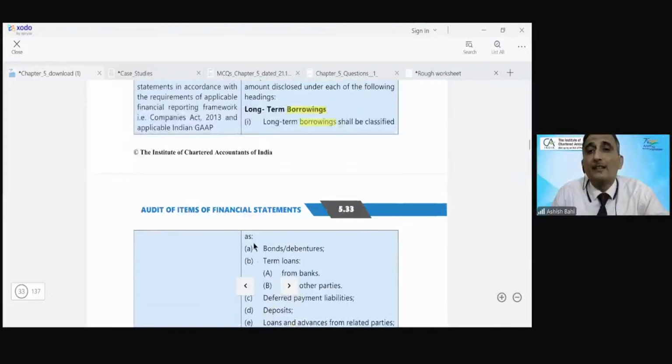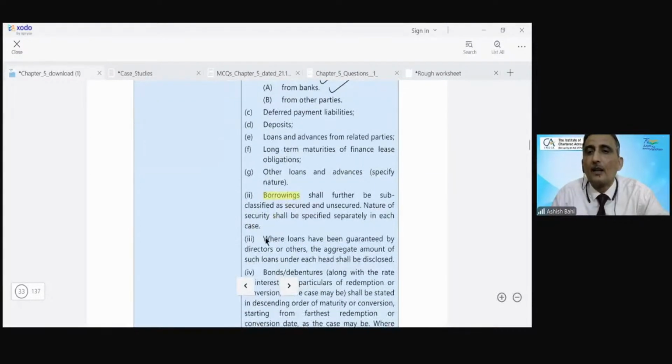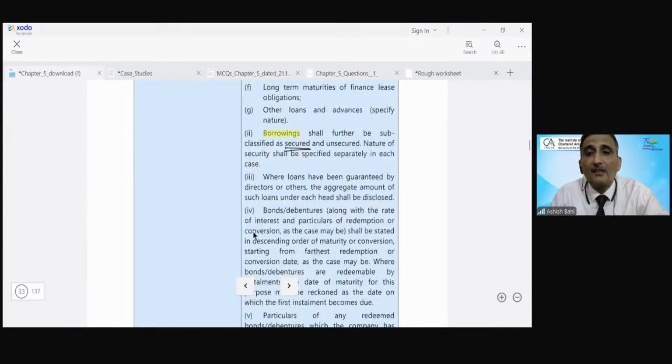So if you see disclosure requirements, long-term borrowings shall be classified as term loan from banks. Okay, this part is correct. Yes, Ankit, your answer is visible. I am coming back to you. Borrowings shall be further classified as secured and unsecured. So it is a secured borrowing as known from the description of the case study, description of the situation.